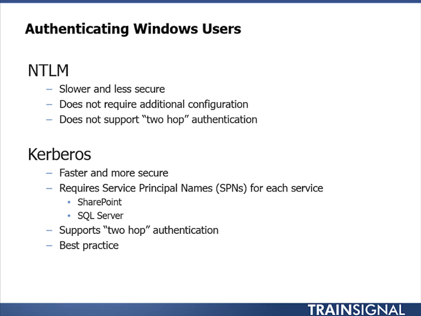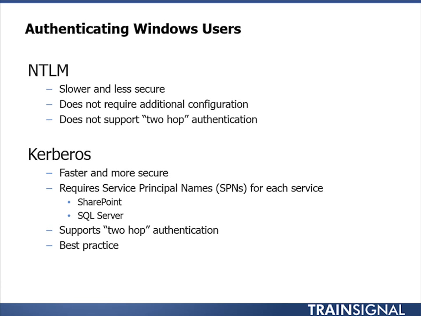The big challenge, however, with Kerberos authentication is that it does require what are known as SPNs, or service principal names, for every single moving part between SharePoint, SQL, and anything else that I might eventually be able to connect to. The reason for that is because those services are going to be passing around these tokens.